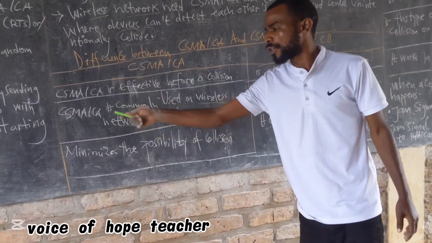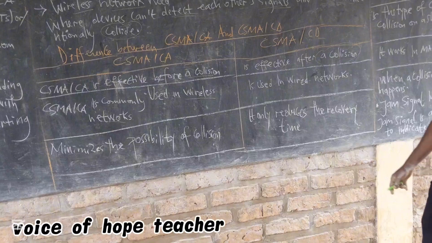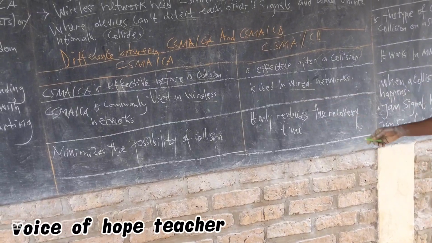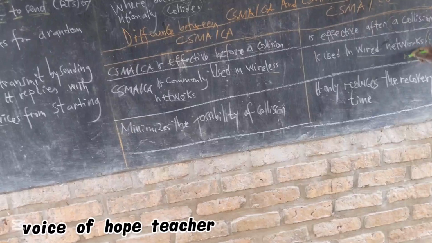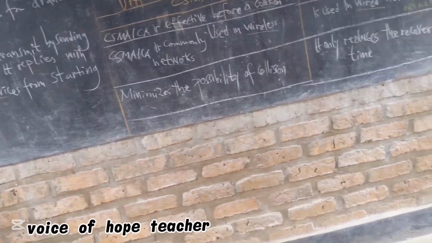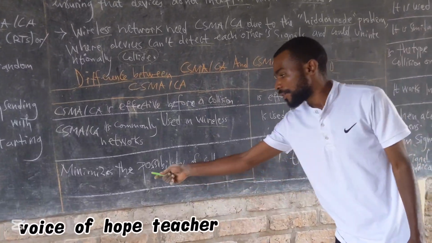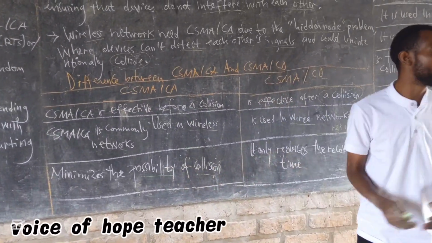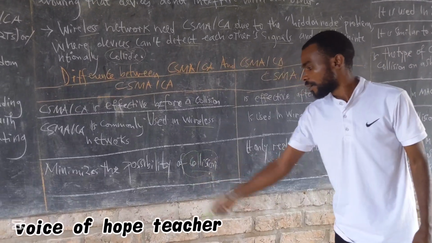Twabonye yuko collision avoidance tuyikoresha muri wireless network, mu gihe indi ikora muri wired network cyangwa se Ethernet network. Minimize possibility of collision.